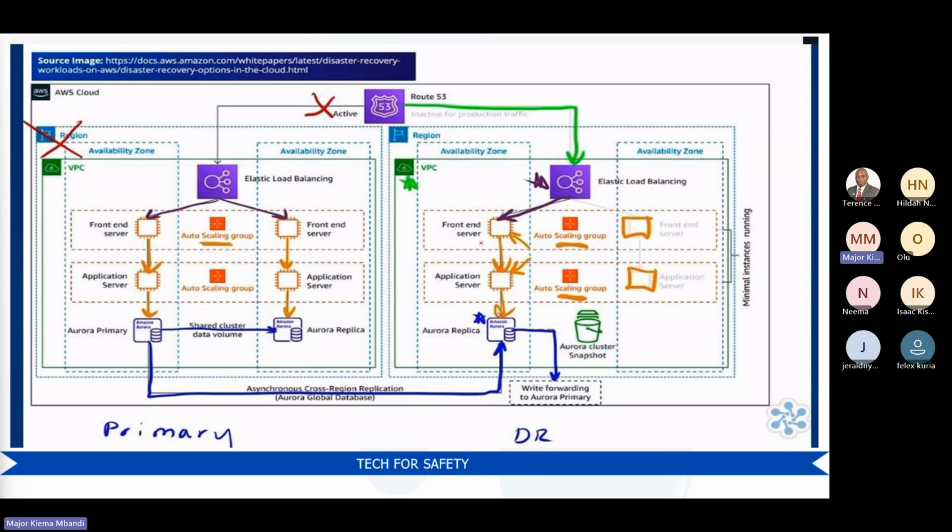So another EC2 instance is launched for the front end using the auto-scaling group, in a different availability zone to increase availability. The same applies to the application server. The auto-scaling group is able to scale and launch another application server in a different availability zone.